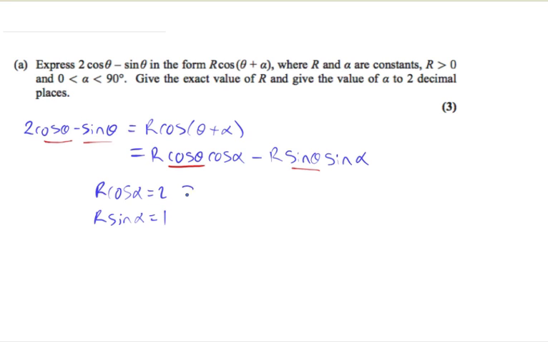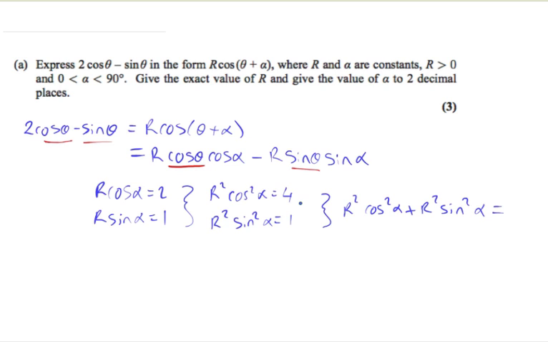Squaring both of these equations gives us r squared cos squared alpha equals 4 and r squared sine squared alpha equals 1. Adding both these equations together gives us r squared cos squared alpha plus r squared sine squared alpha equals 4 plus 1, which is 5.